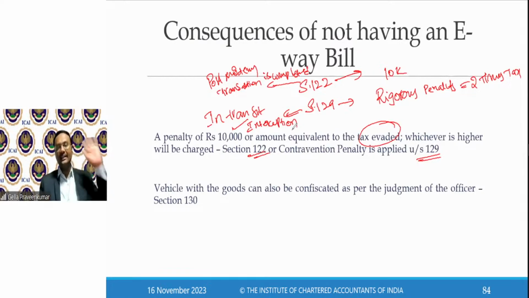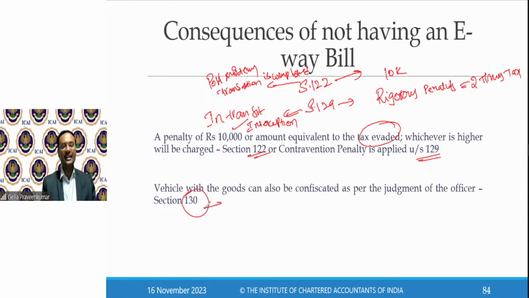Then 129 is applicable. So please keep in mind, I can be levied with penalty either under 122 if it is a post-mortem where the transaction is already over, or under 129 which is a rigorous penalty. The vehicle with the goods can also be confiscated as per the judgment of the officer under section 130.